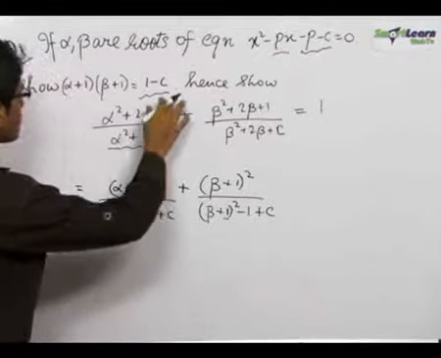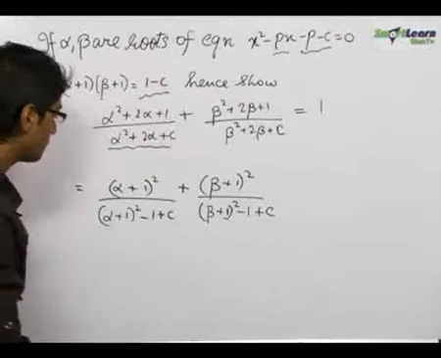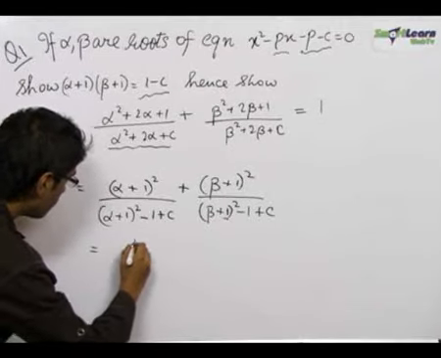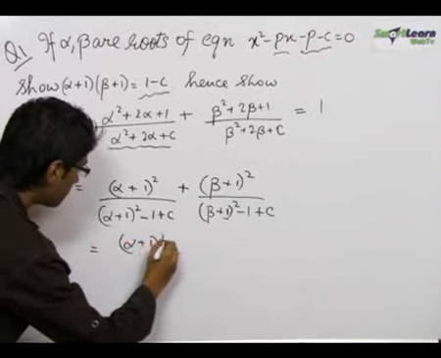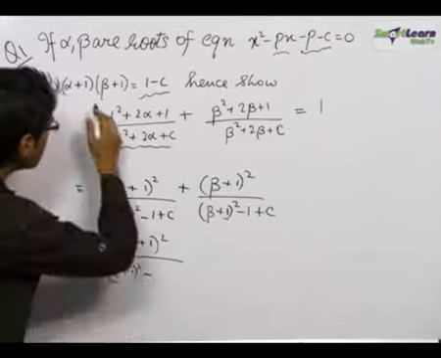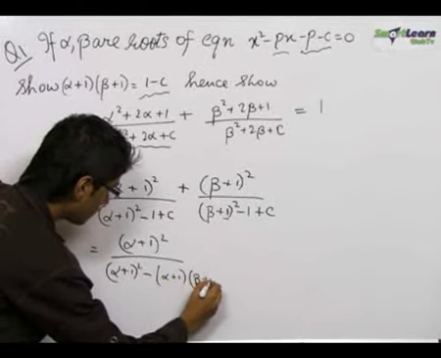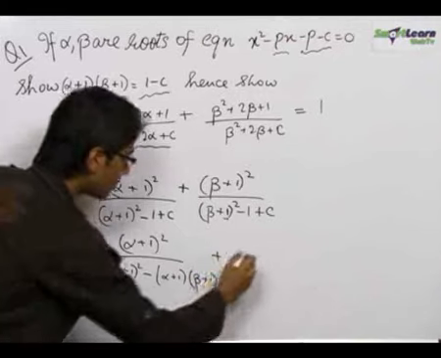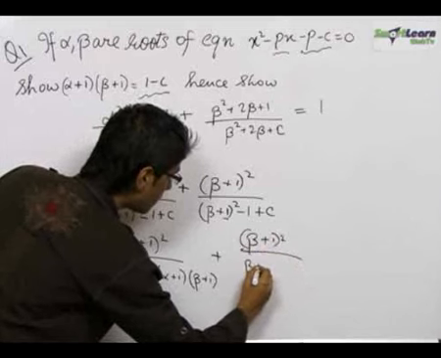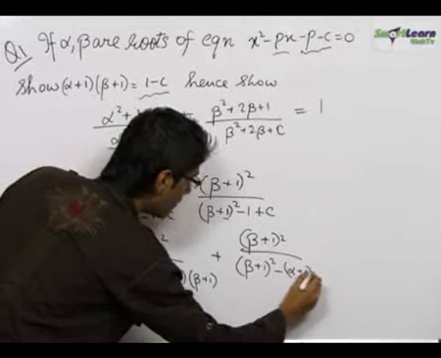Now we know from the first part that the value of 1 minus c is equal to (alpha plus 1)(beta plus 1). So we substitute the value of c minus 1 over here to get (alpha plus 1) whole square upon (alpha plus 1) whole square minus (alpha plus 1)(beta plus 1), and also over here (beta plus 1) whole square upon (beta plus 1) whole square minus (alpha plus 1)(beta plus 1).